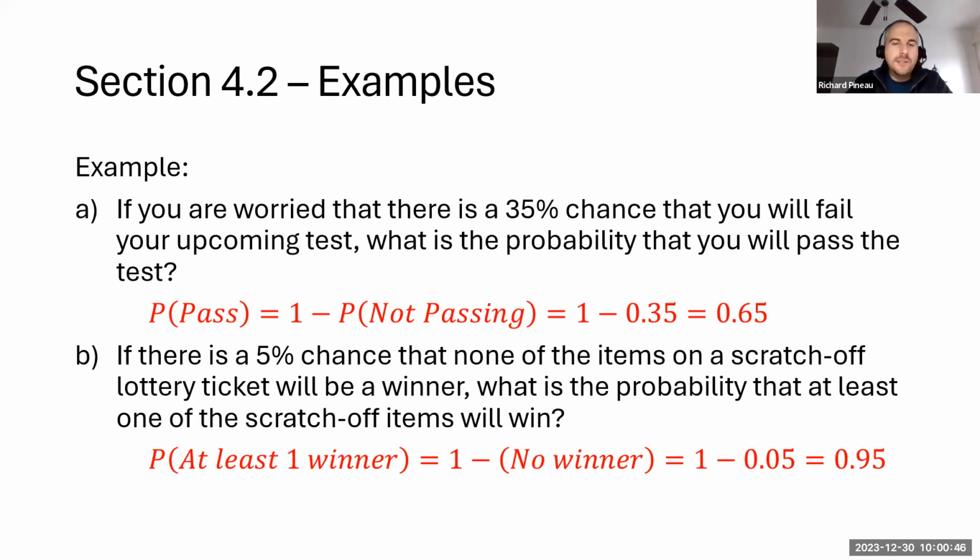Well, that is the same as 1 minus the probability that we don't have a winner. We know the probability that we don't have a winner: that's 0.05. So 1 minus 0.05 is 0.95. So the probability that we will have at least one winner is a 0.95 chance, or 95% chance. Tell me where that lottery ticket is being sold, anyway.